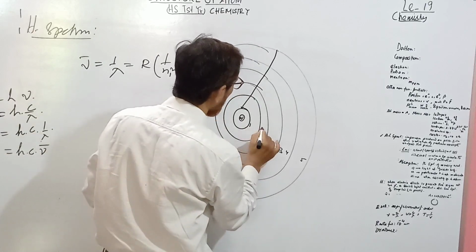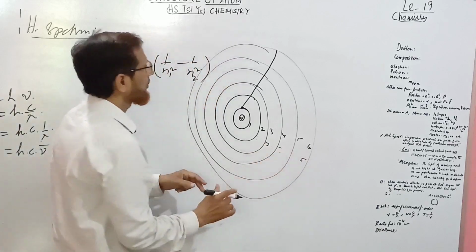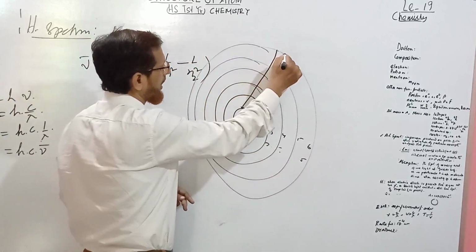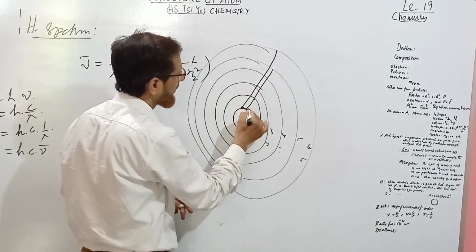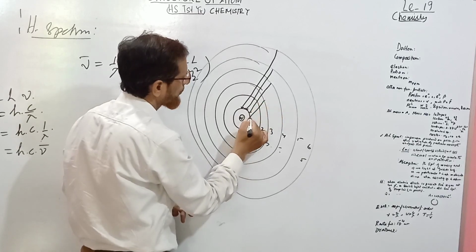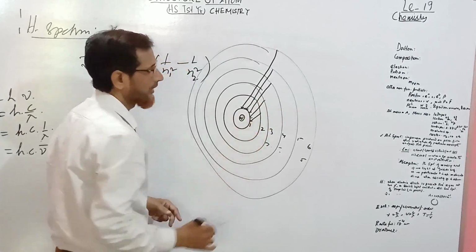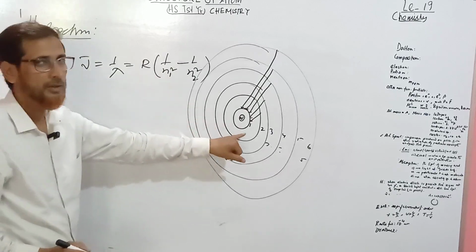Say it is 1, 2, 3, 4, 5, 6, I have assumed in this way. So from the last, 6 to 1, 5 to 1, 4 to 1, 3 to 1, 2 to 1, here n1 is equal to 1.